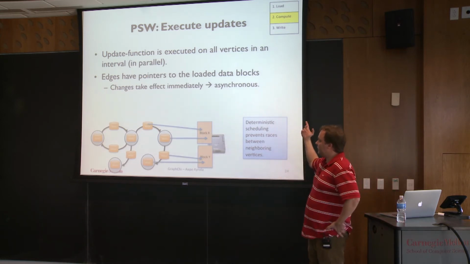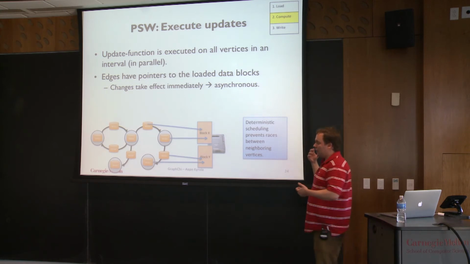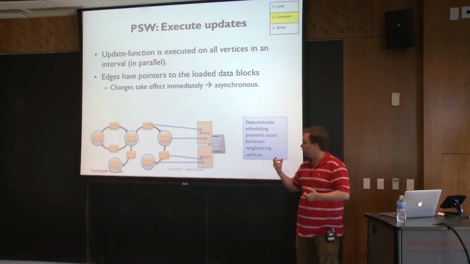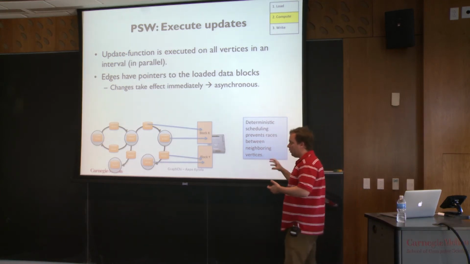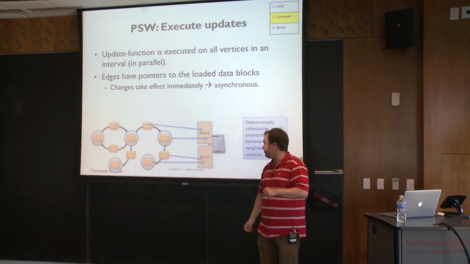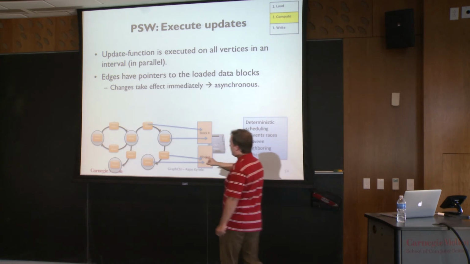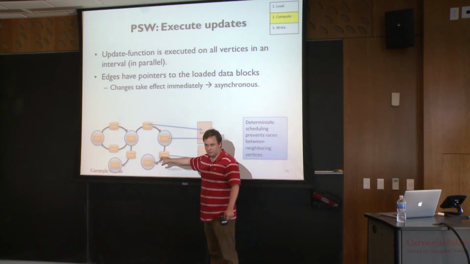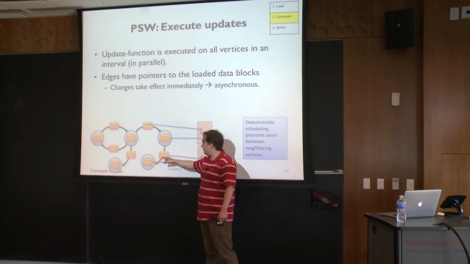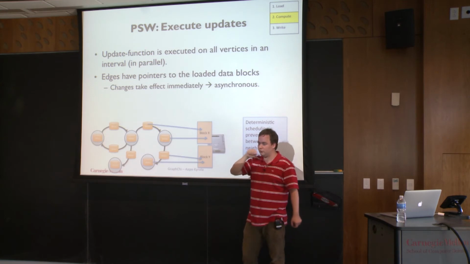Now the second phase is to execute the updates. We have loaded this subgraph into memory, and the user has given us an update function, and we simply execute the update function on each of the vertices we just loaded. What is important to understand here is that the edges, which have data as set values, are actually stored as pointers to the blocks we just loaded from the disk.